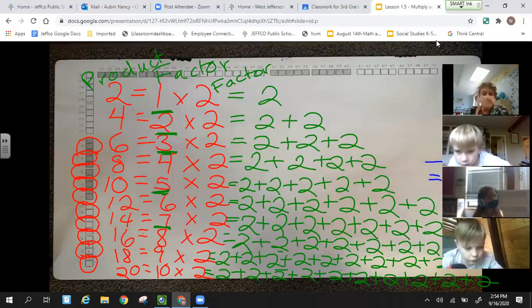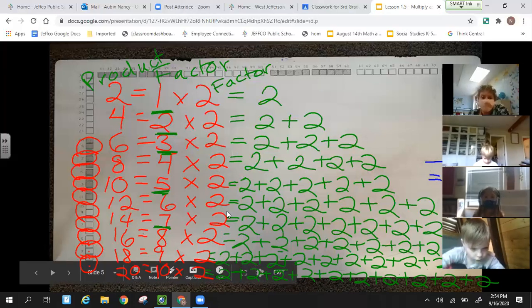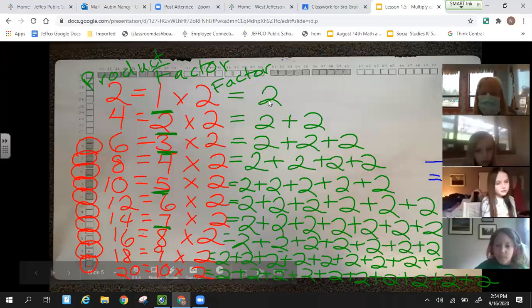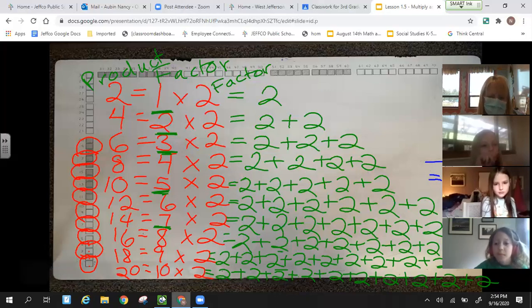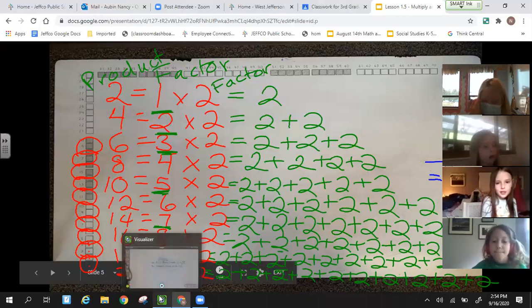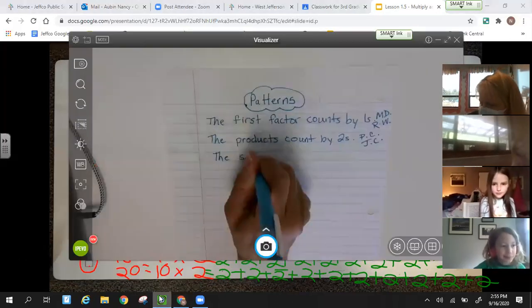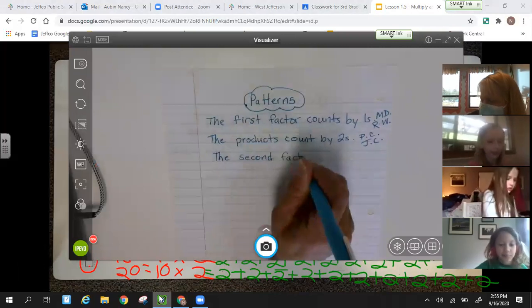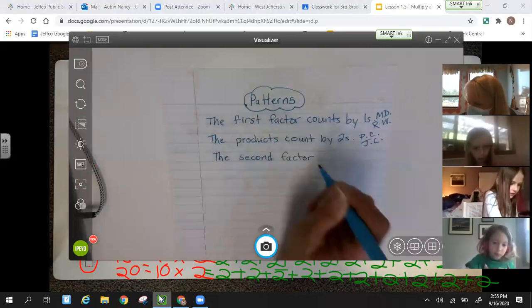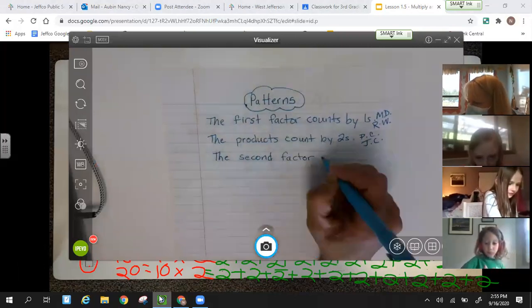Anyone notice anything? Ellie? This is the second factor. What do you notice? It's always 2 because it's our count by. It's the number we're counting by. So the second factor... and Finn, you had one too, right? Did you have a pattern?